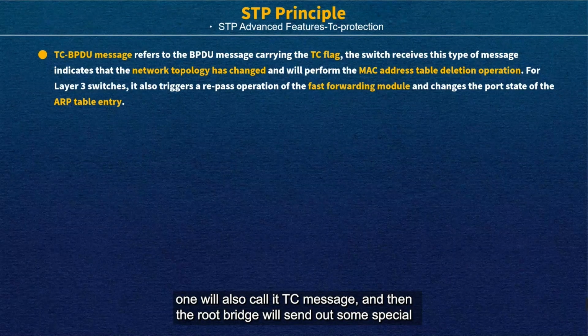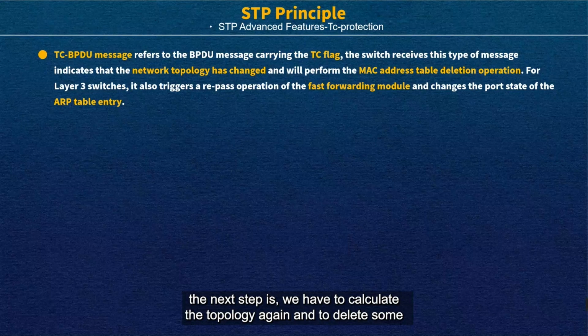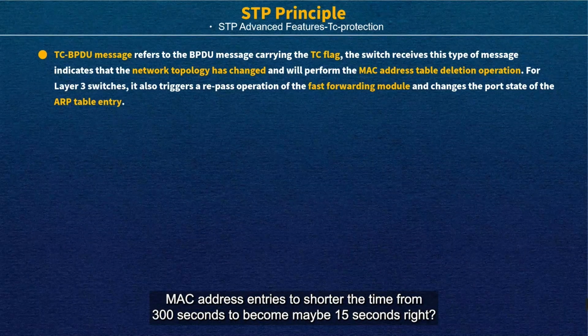And then the root bridge will send out some special configuration BPDU and set a flag, TCN and TCA. Then the next step is we have to calculate the topology again and delete some MAC address entries to shorten the time from 300 seconds to maybe 15 seconds, right?